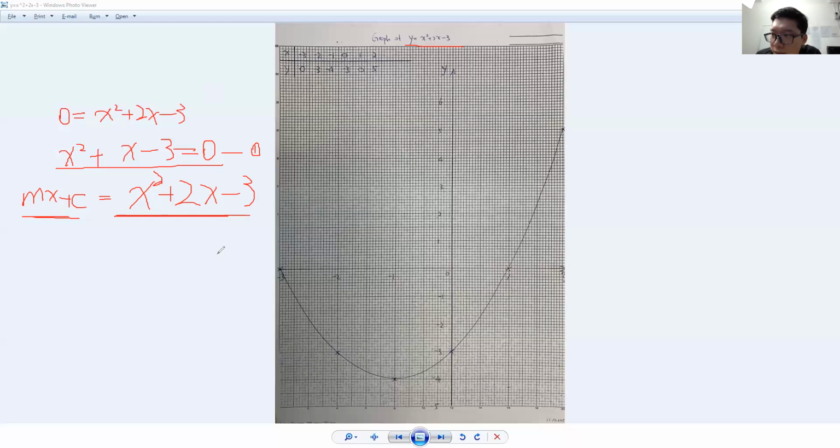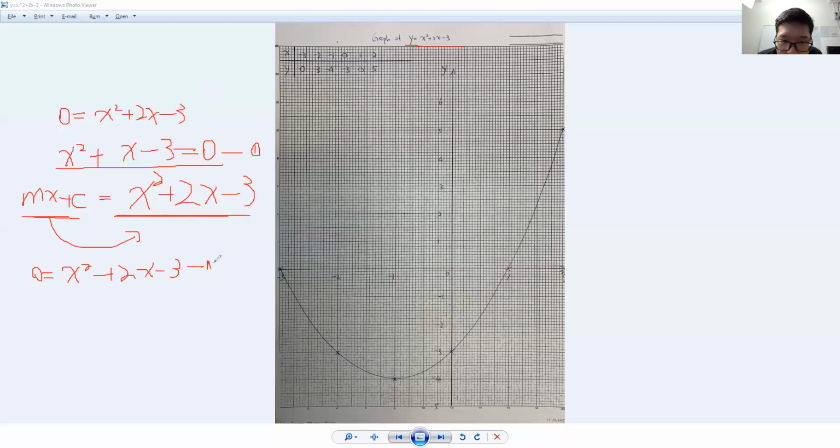We write down the second line first, and then we simplify by bringing over every single term to the right-hand side. Okay, so we have 0 = x² + 2x - 3 - mx - c. Remember, bringing over plus and minus, you need to change sign.